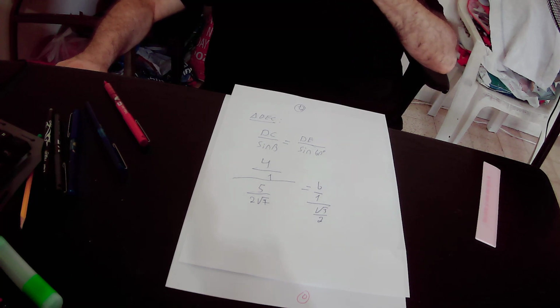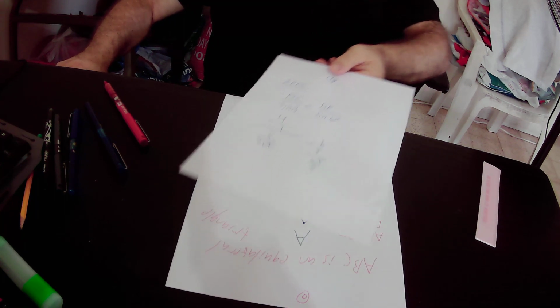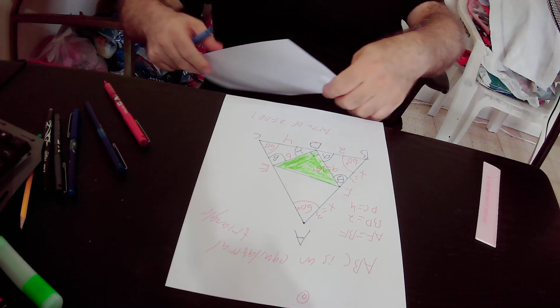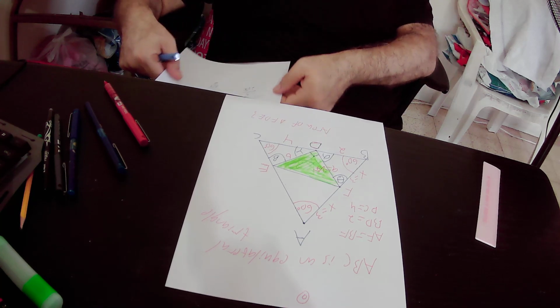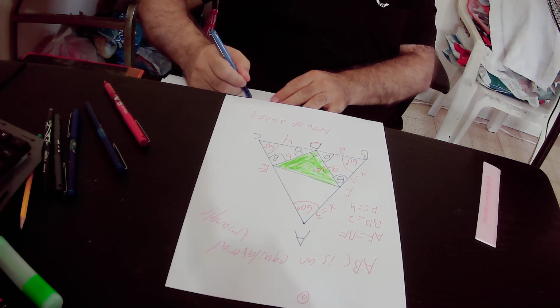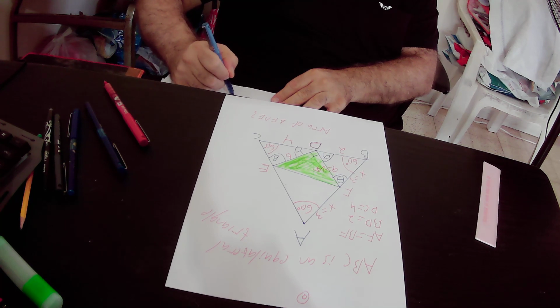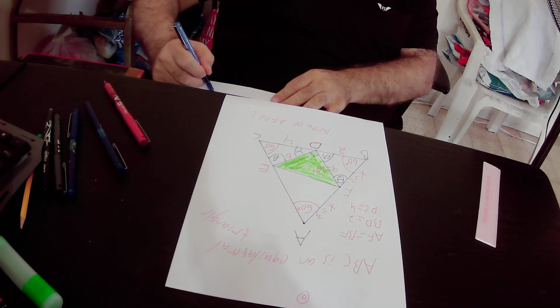We will do this simple arithmetic calculation here. We will get 4 times 2 over root 7 over 5 equals 2B over root 3.